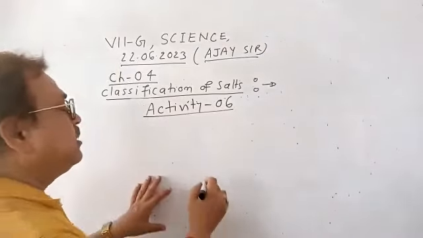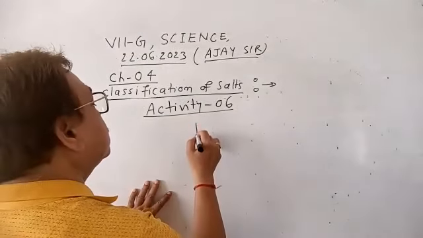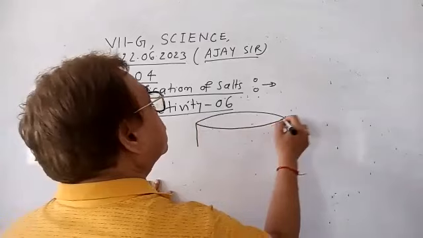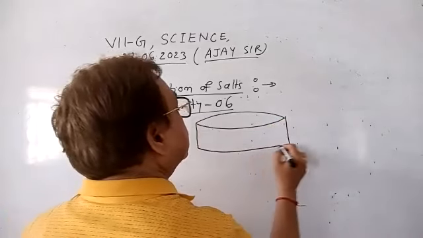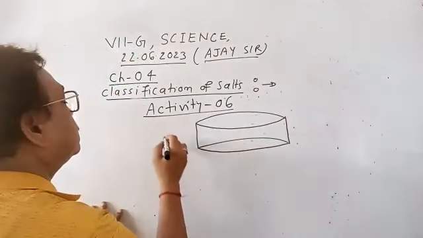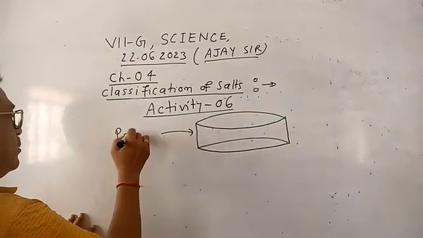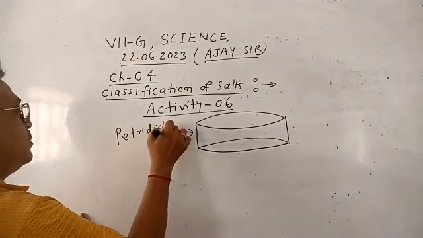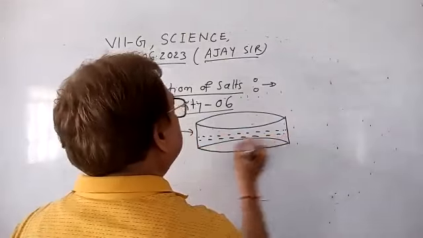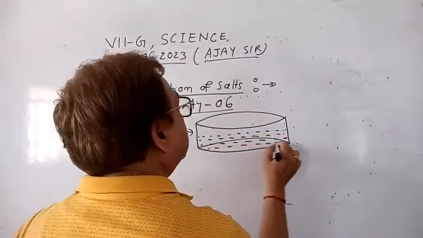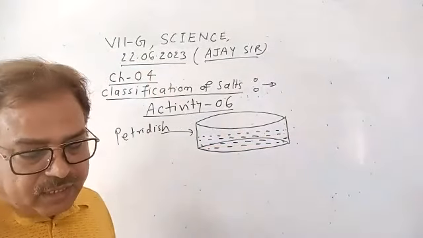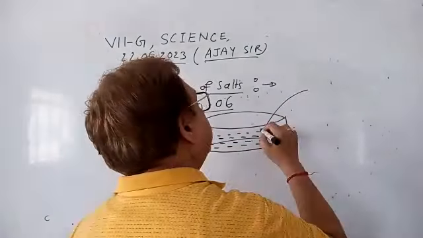You can once again take a petri dish and put the solution here to decide, by taking aluminum chloride in water.